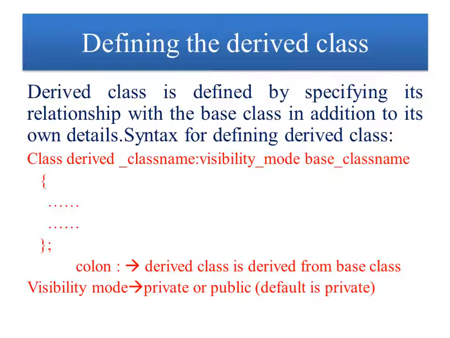And we do this with the help of the colon operator, which tells you that this derived class is derived from this particular base class. Again, the class can have data members and member functions. The visibility mode will be private or public, but the default visibility mode used in derived classes is private.